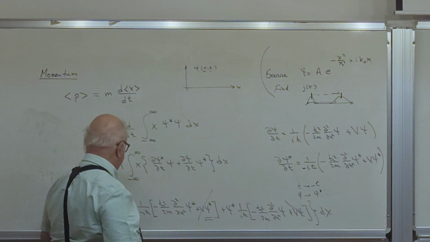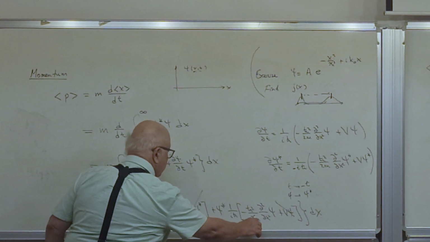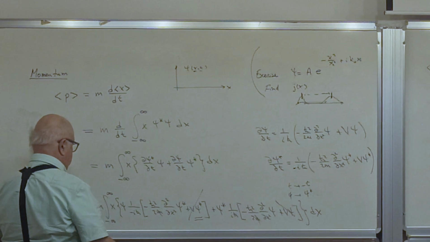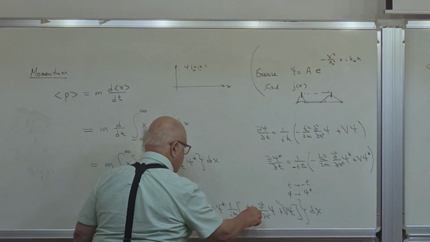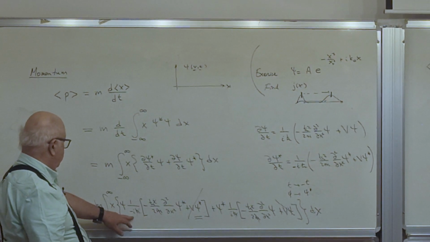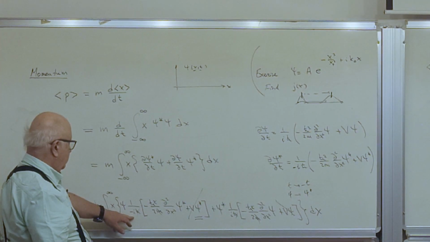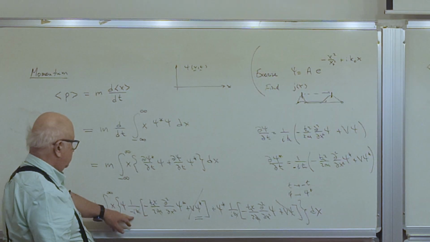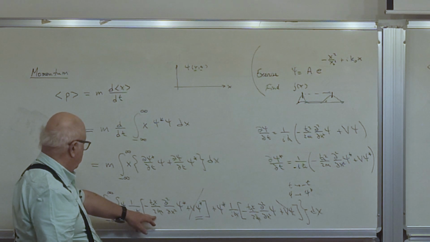If those V's cancel, you see the m's cancel also, and I can cancel one of the h bars. So I can pull out an i and a 1 over 2.